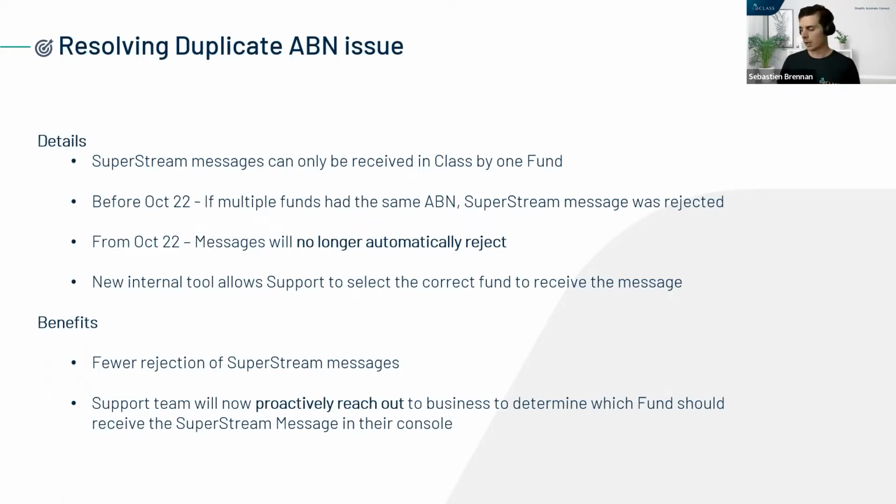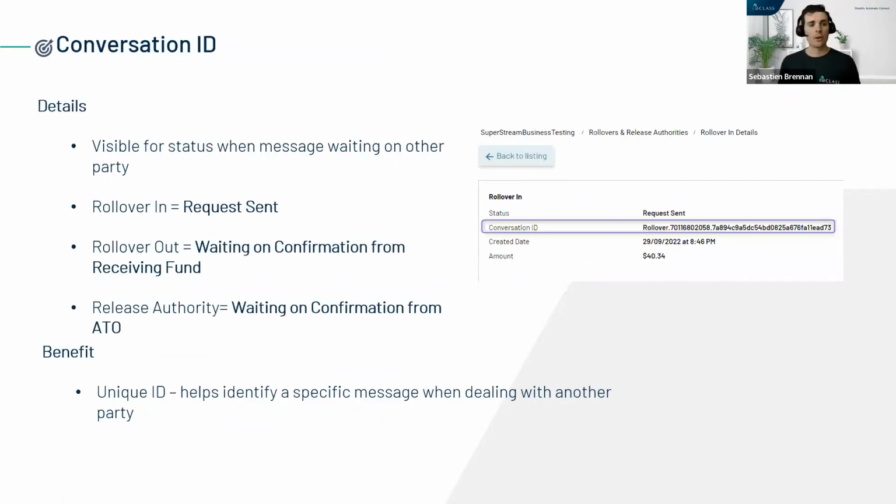The second one is the conversation ID. If you look on the right-hand side of that screenshot, that's what it looks like. It's a very long alphanumerical address that is unique to that message. The whole purpose of adding a conversation ID is that it's visible for statuses when you're waiting on the other party.